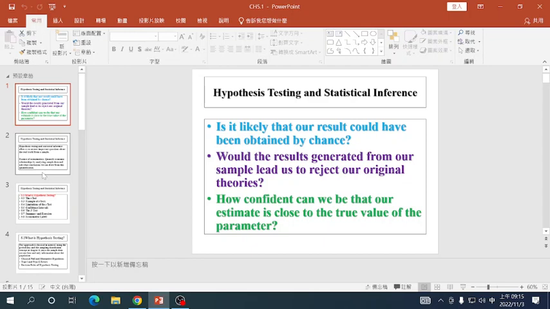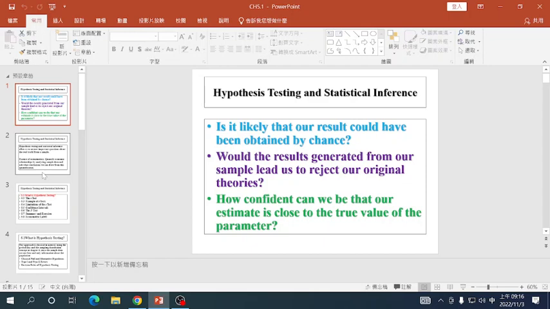Okay, first of all, let's think. Before we go to the details of the hypothesis testing, let's think about some questions. Okay, so far we have learned from chapter 1 to chapter 3, plus chapter 4 is the probability distribution, especially for the coefficient of the regression. Some questions in our minds are like, is it likely that our result could have been obtained by chance?